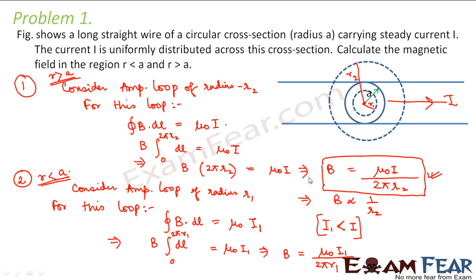So how will we calculate I1? Since the question tells that the current I is uniformly distributed across the cross section, that means the current I is equally distributed everywhere. So we can say that the current density is constant for the inner circle of radius R1 and the circle with radius A.